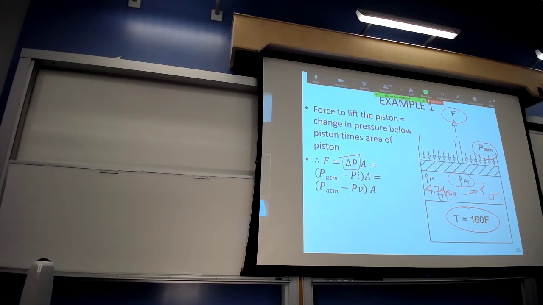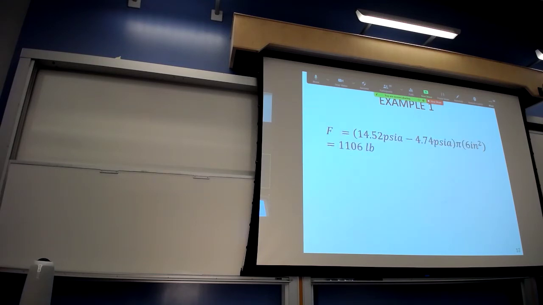And up here, we have the 14.52 psia. Again, that difference in pressure times the area of the piston itself is that force. In the next line on the handout, P atmospheric is the 14.52, the pressure inside is the vapor pressure, and the area of the piston we can just calculate as pi r squared or pi over 4 d squared.